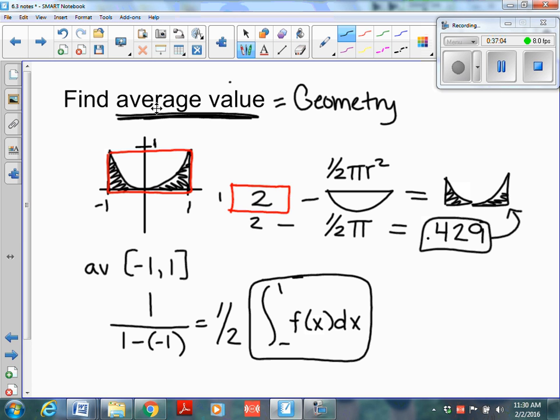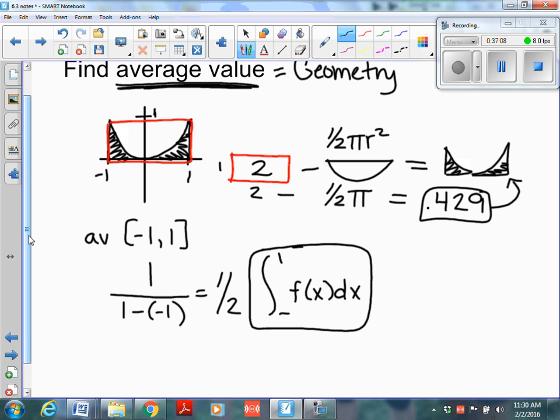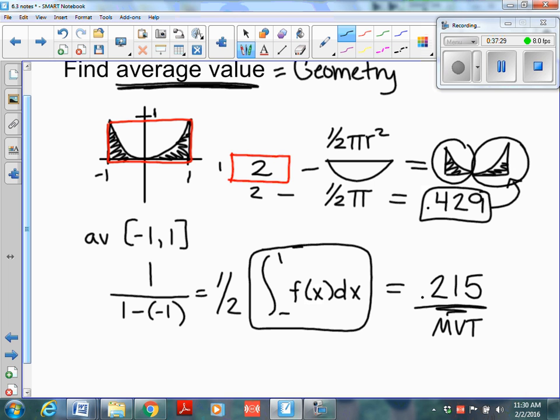Okay, this is totally going to make sense what the mean value theorem is. The mean value theorem says to take 1/2 of that. So if you take 1/2 of 0.429, you're going to get 0.215, which is called the mean value theorem. Okay, hopefully, aha, here's the aha. These are identical to each other, correct? So, the mean is the average of the area.